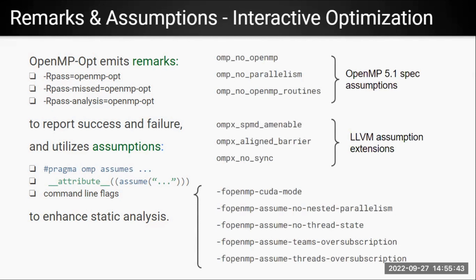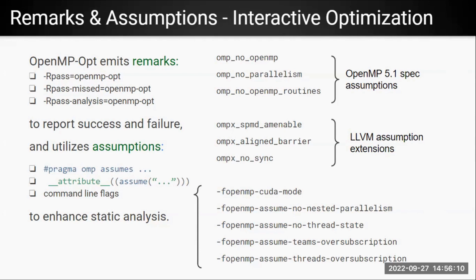So those are all of the assumptions and command line flags that you can use right now. You can use the OpenMP 5.1 default assumptions, and we sometimes ask you to use them. So the remark says, hey, I couldn't prove the following. Maybe you want to put one of those across here or for this call or somewhere. We have a couple that are extensions. You are sometimes asked to use them. We use them in the runtime for sure, and they might be useful.